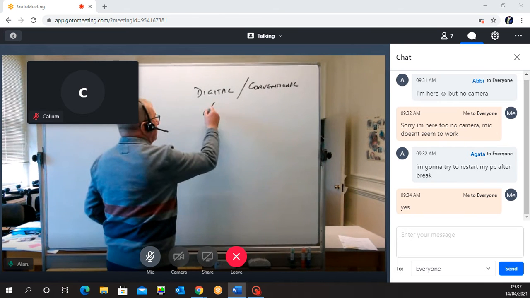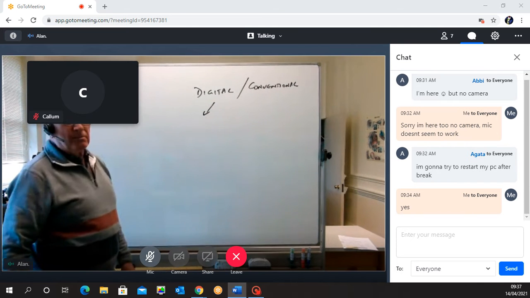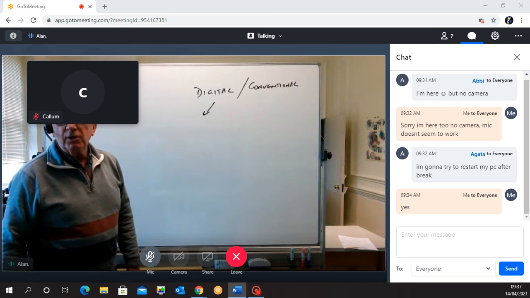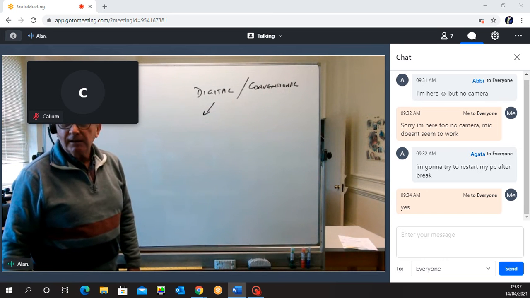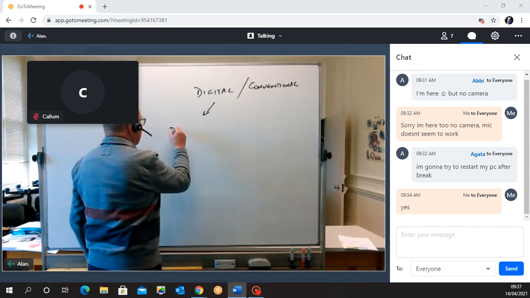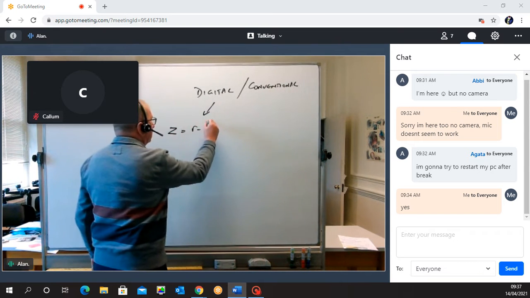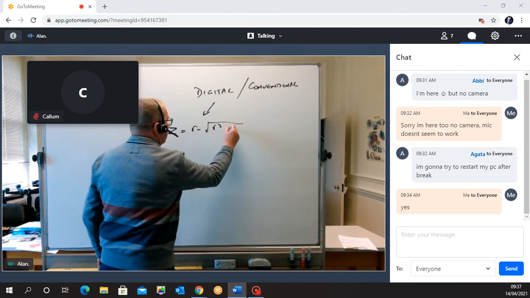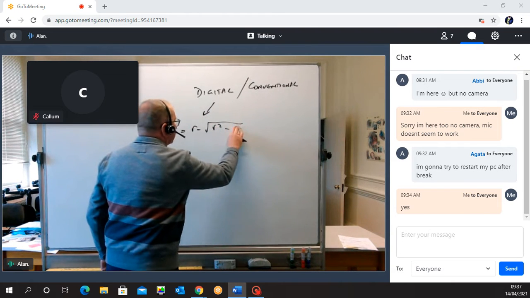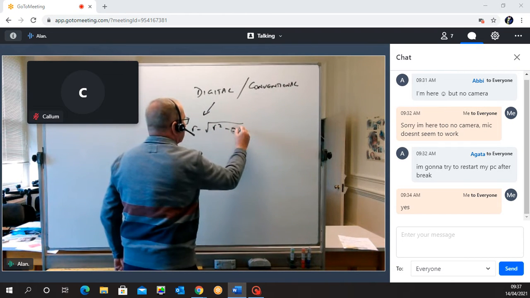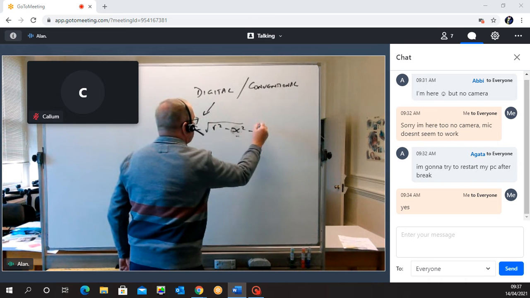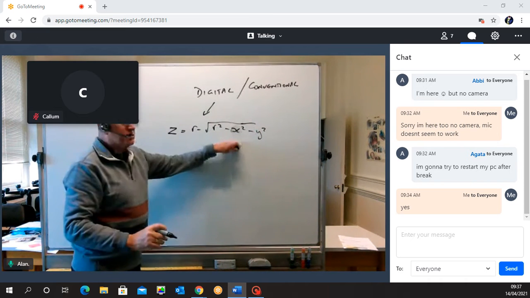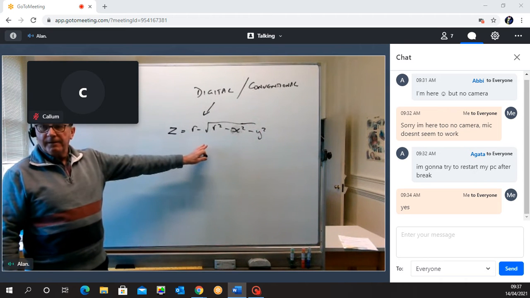With this one, there's not a lot of sums, because digital surfacing all boils down to the SAG formula, yeah? So it's Z equals R minus the root of R squared minus X squared minus Y squared, with the X and Y coordinates. Does that make sense?